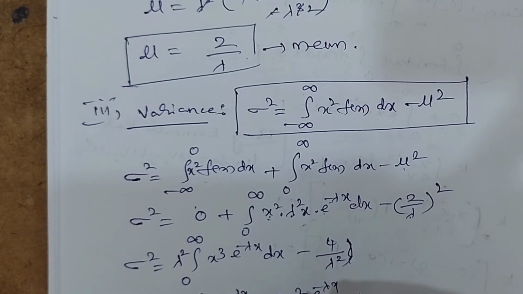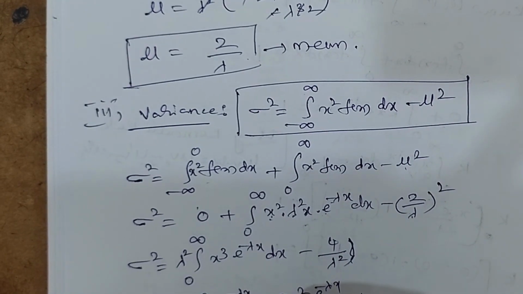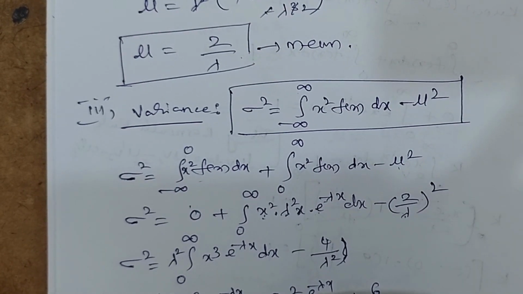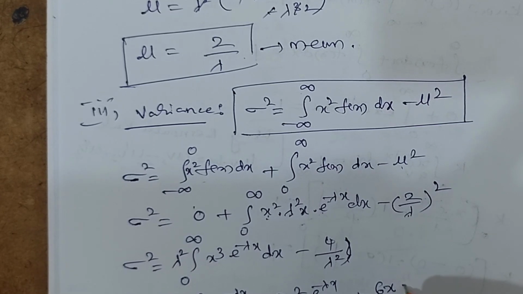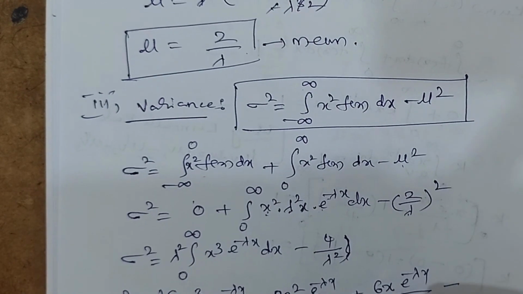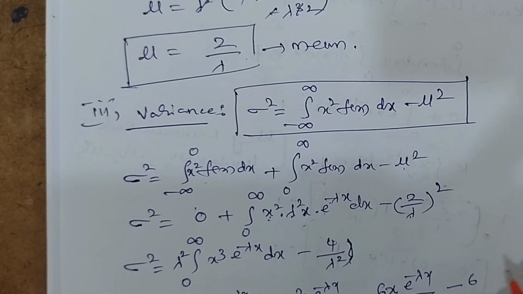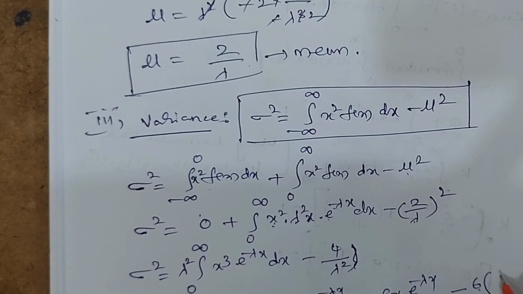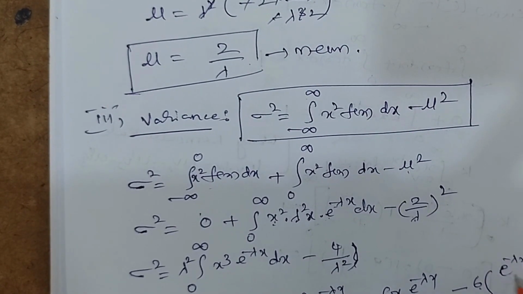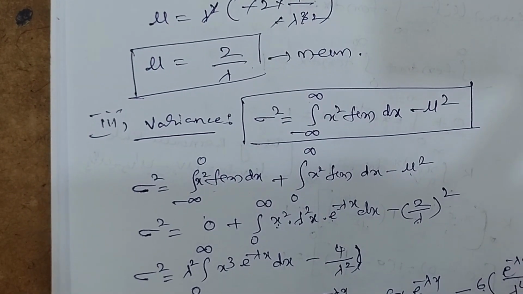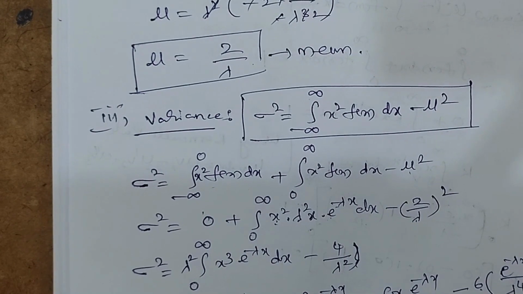So plus, the derivative of x cube, 3x square... 6x into e power minus lambda x by minus lambda cube, again derivative. So minus 6 into e power minus lambda x by lambda power 4. So limits 0 to infinity, minus 4 by lambda square.